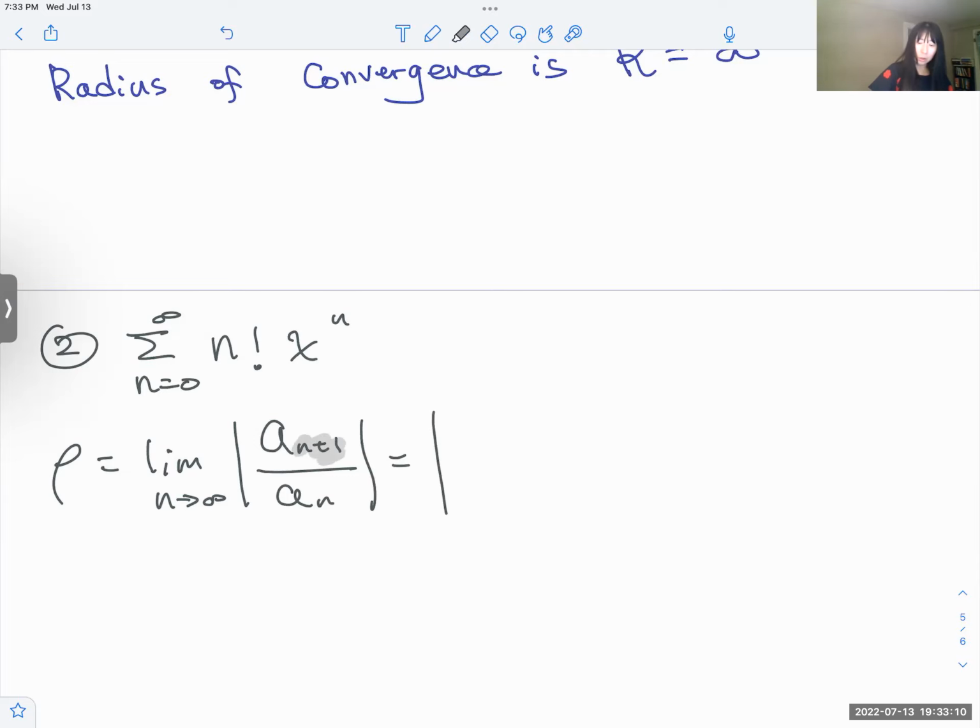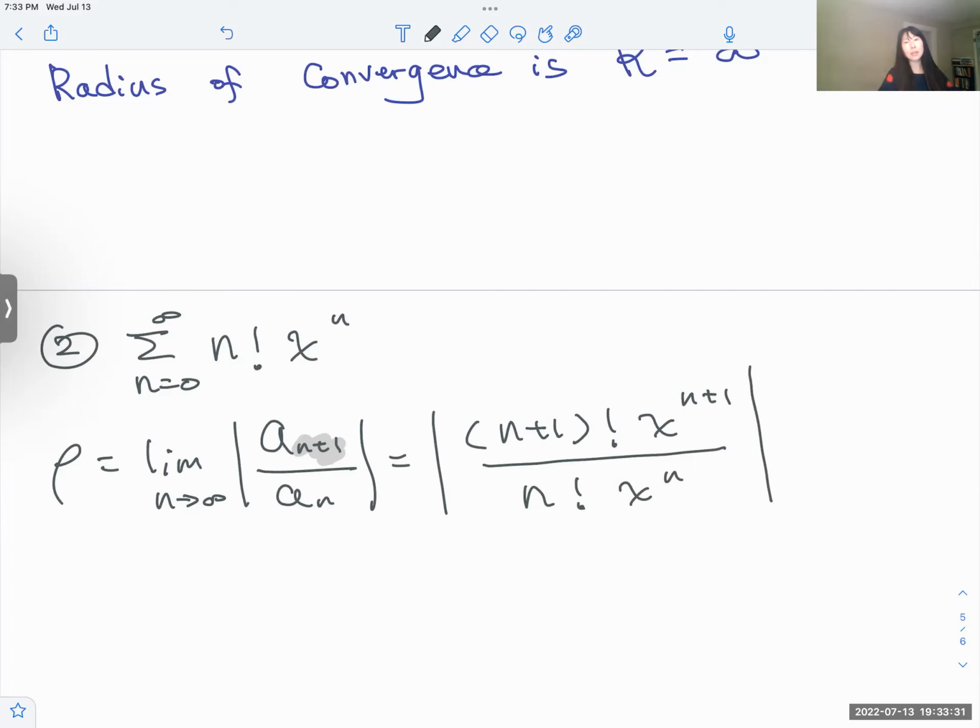We will have n plus 1 factorial x to the n plus 1, over, oh, there is no fraction, right? Now for a sub n, we have n factorial x to the n. In this case, we don't want it to be undefined, so x cannot be equal to 0. Can you see that? We don't want it undefined.